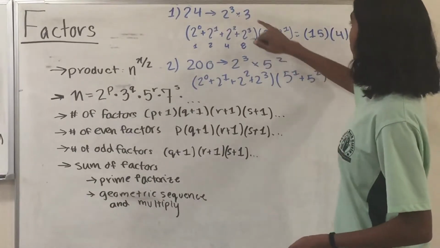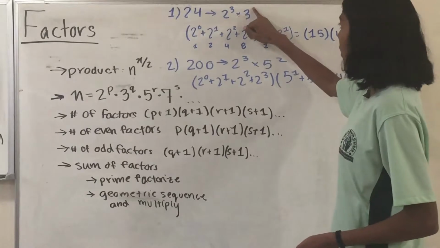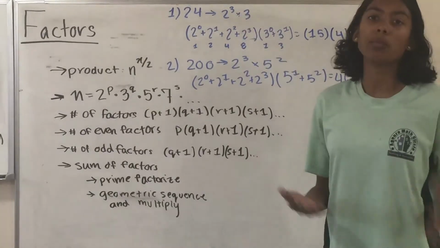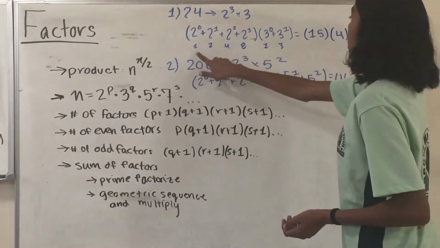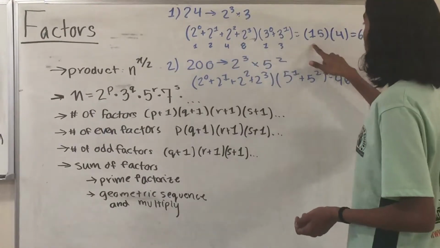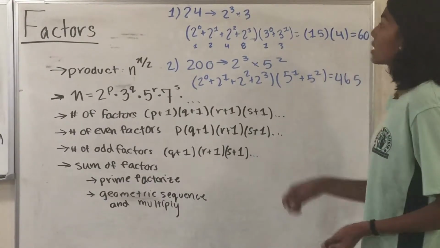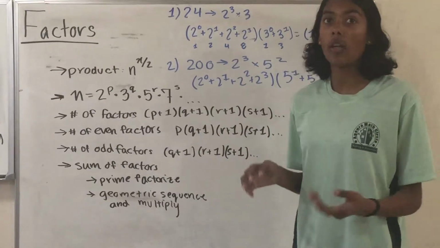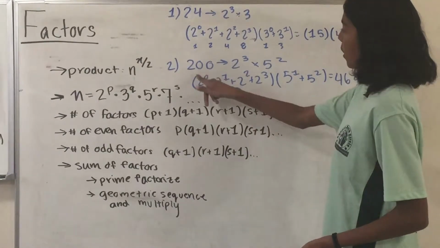And then for the 3, I do 3 to the 0 plus 3 to the 1, starting from 0, going all the way up to the exponent here, which is 1. But we don't have to write the 1 because it's the same thing. So add these up. This is 1 plus 2 plus 4 plus 8, which is 15, and then 1 plus 3, which is 4, and then 15 times 4 is 60, and that's the sum of all the factors of 24.